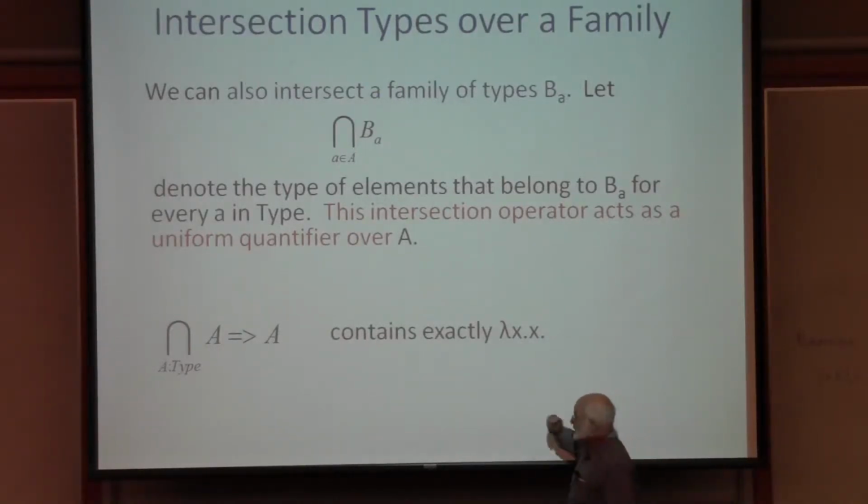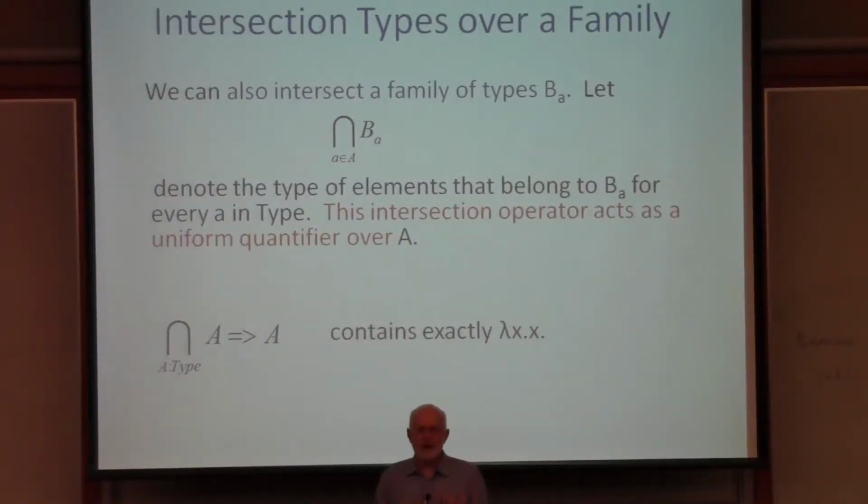But in an extensional type theory, you get lambda x dot x in there, and all the other elements that are in there are equivalent to that lambda x dot x. So this starts to give you an idea of uniformity, right? Maybe you don't get the whole picture yet, but there's a pretty good piece of it, I think.